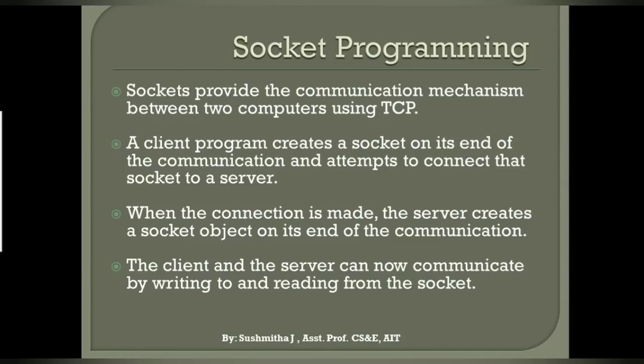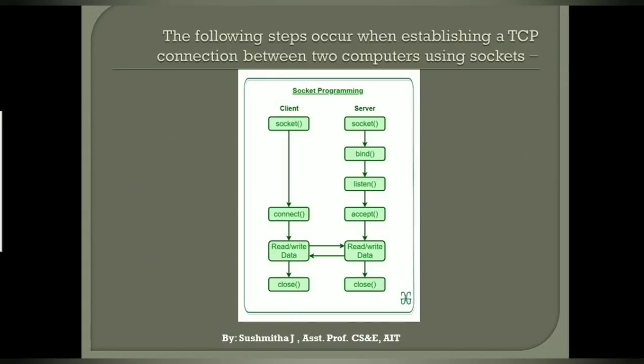Now how is the procedure? How is the connection established? What are the steps it takes to establish a connection? Let us take a look. Now we have the client and we have the server. The client and the server would be running on different systems.